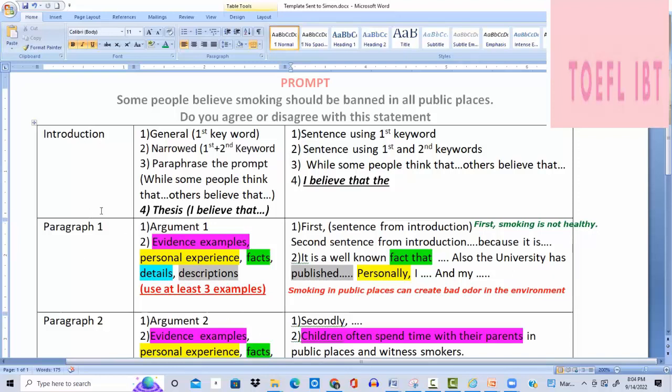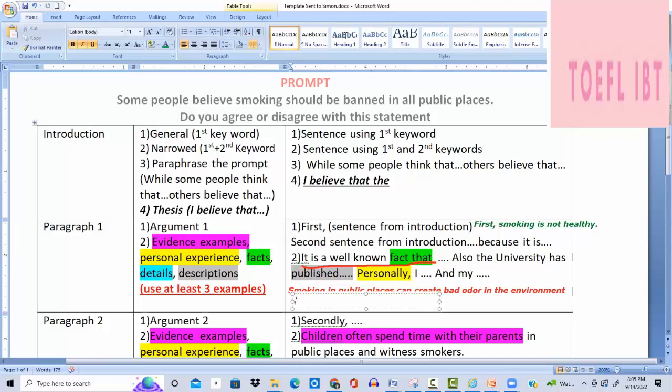So our number 2 begins with, let's see. It is a well-known fact that smoking creates health risks. That's a fact. So let me see if I can type this in here for you so that you can follow me.